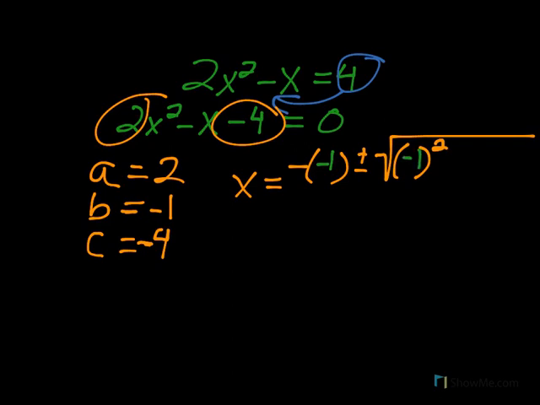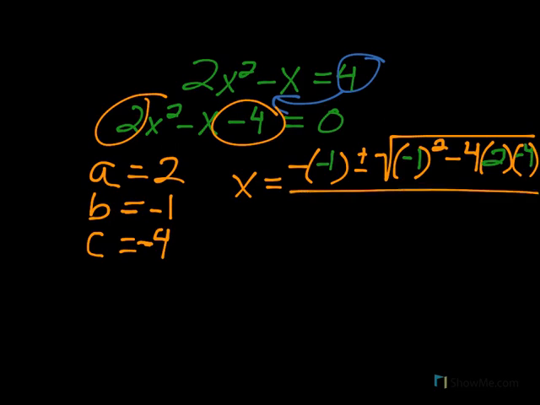Please do not try to skip these steps, because people who skip these steps commit the most errors. Then you have 4, and you will have to multiply this 4 times a and times c. A is 2, c is negative 4. So negative 4. Let me write it in a better way. There you go, negative 4.